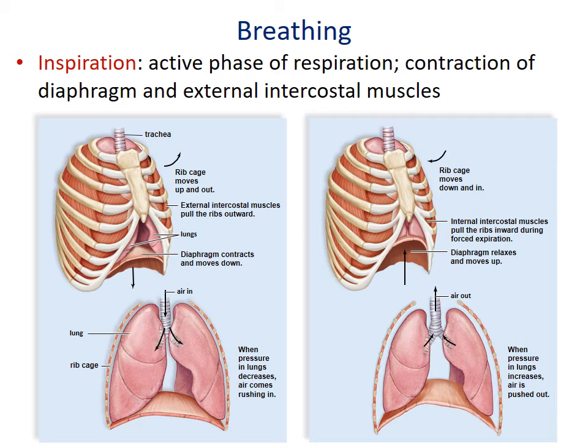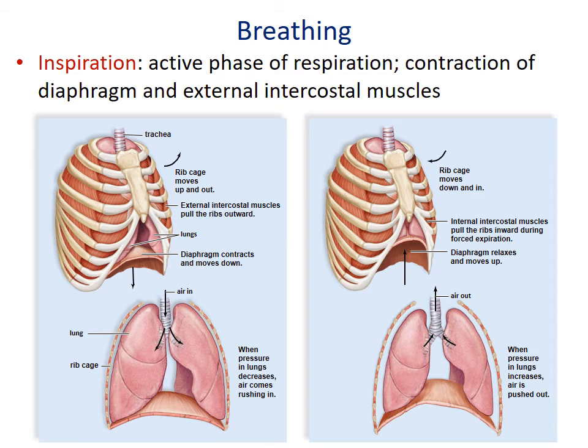Inspiration, or breathing in, is the active phase of respiration, meaning it requires contraction of muscles. And the main muscle that is used for inspiration is the diaphragm. So the diaphragm, again, is this flat muscle that sits right underneath our lungs. And as we contract our diaphragms, they lower and flatten.